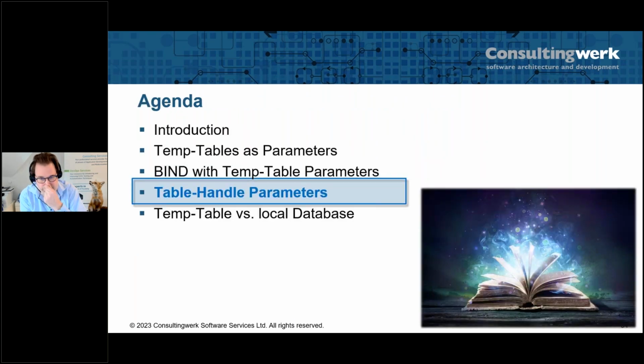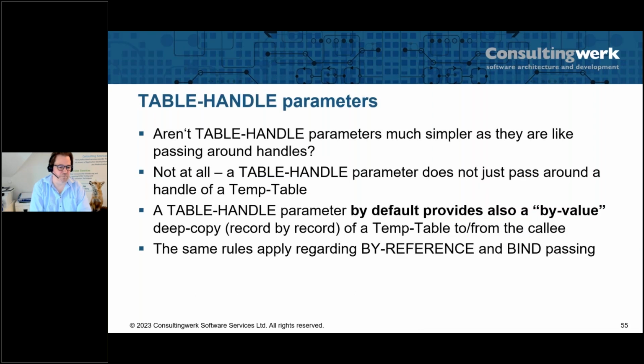Good. Now come table handle parameters. I very often hear from programmers saying, well, aren't they much simpler than table parameters because they're just like passing around handles? And I think the opposite is true.